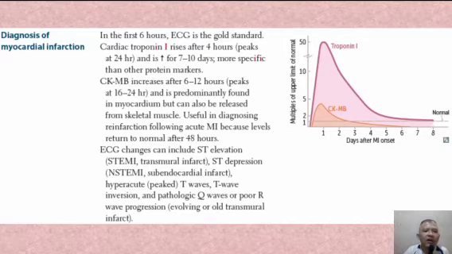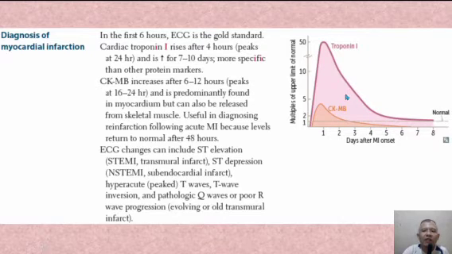How is myocardial infarction diagnosed with the help of biomarkers? In this slide we only have two, but we also have another one, which is myoglobin. Here in this slide we have CKMB and troponin.